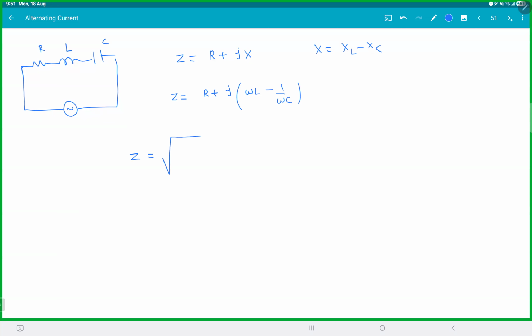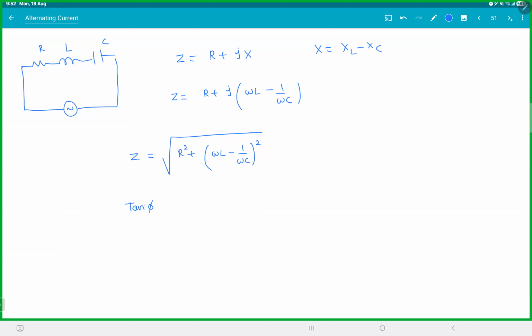So impedance will be root over R square plus omega L minus 1 by omega C whole square. So in all the books, you'll find that.